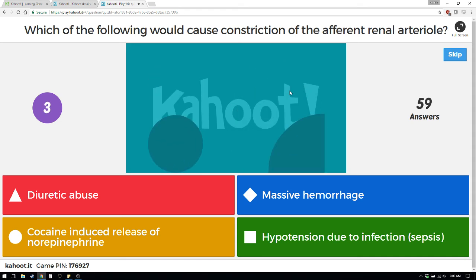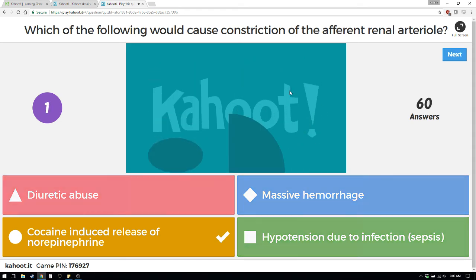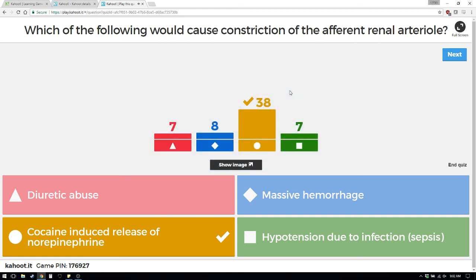What do we think? Cocaine-induced release of norepi. All right.